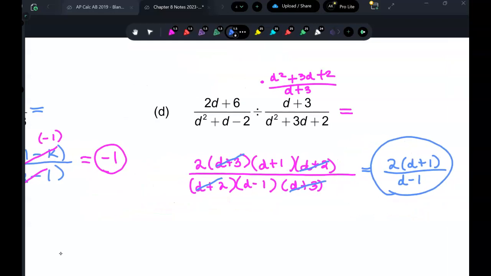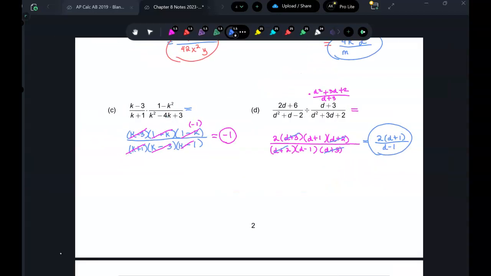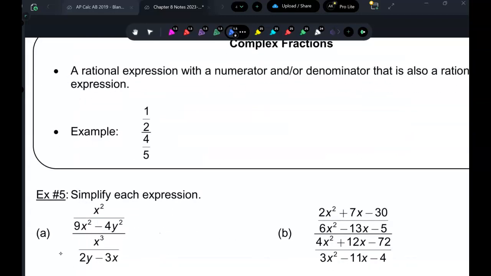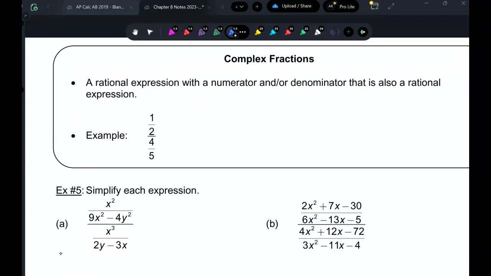Okay, last thing. The next page is exactly the same as what we just did. We're dividing by a fraction. We're taking 1/2 and dividing by 4/5. But remember, this is just a fraction divided by a fraction.